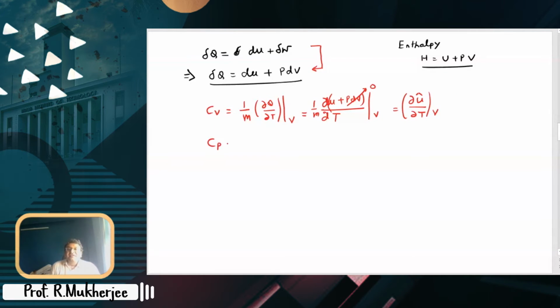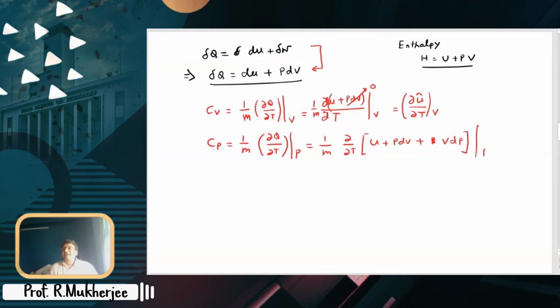On the other hand, if it is CP, we now understand it very well. dq dt at constant pressure, and so what we write is d/dt of U plus P dV, and all we do is we just add V dP, agreeing to the fact that under this condition V dP is equal to 0. That is what you can mathematically convince yourself.